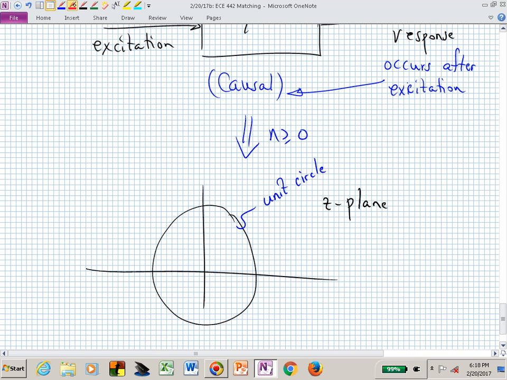Now what we're saying is that we want all of our poles, wherever they might be, to be inside this unbounded region of convergence that's indicated in red, and that region of convergence is including the unit circle.